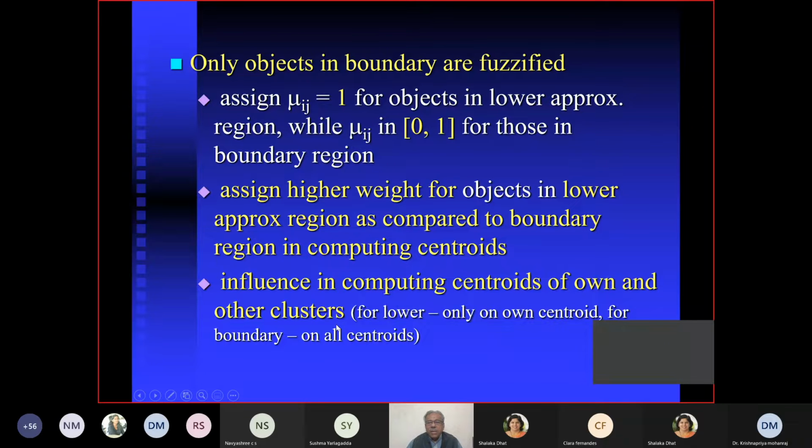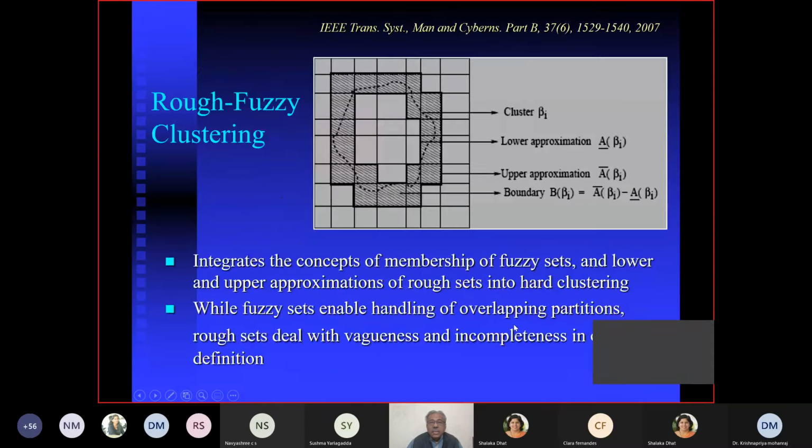For those from the lower region, only on their own centroid, and for the boundary, on all centroids. That means boundary values have more privilege. They can contribute to centroid computation of all classes, though their impact will be less. But the lower approximation region is only safe for its own class centroid, not for any other class.